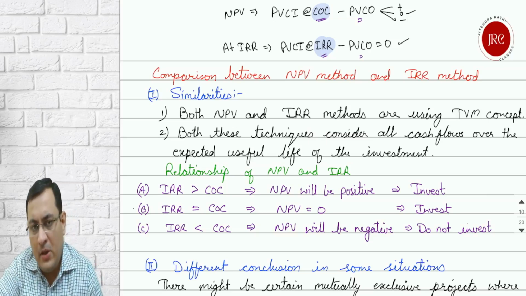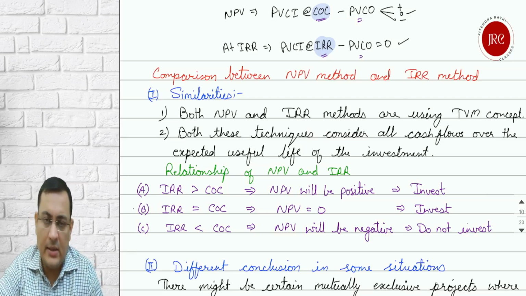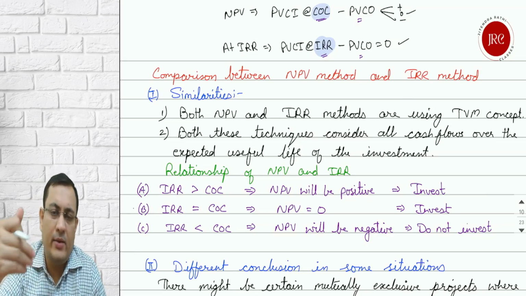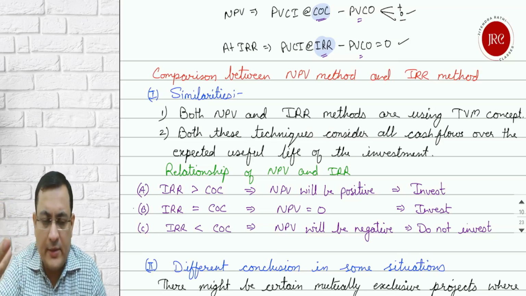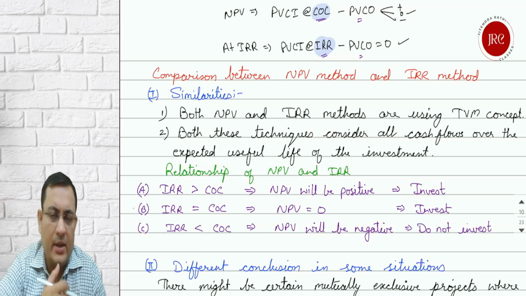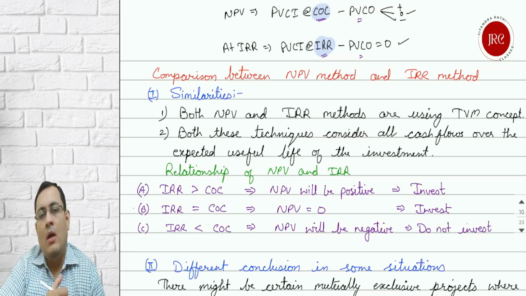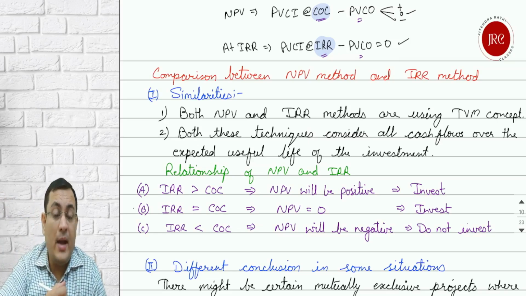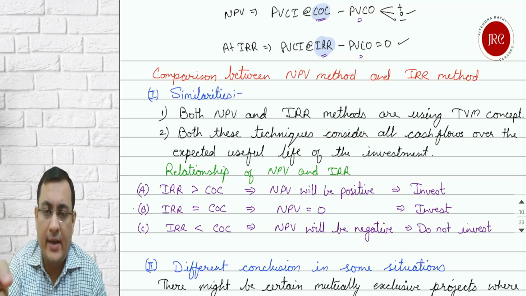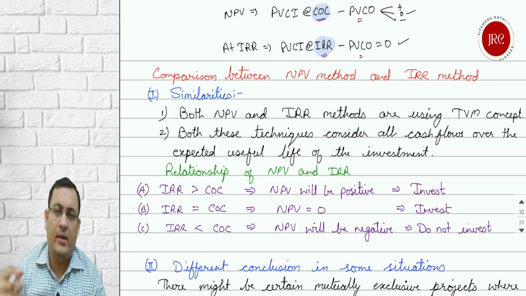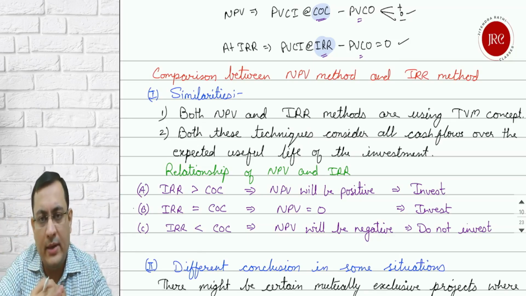In case of NPV working, the discounting is done by cost of capital or required rate of return, and this may give three results: positive, zero, or negative, depending on the value of COC. When the inflows are discounted by IRR, which is the implicit rate of return inbuilt in the cash flow the project is generating, you have extracted the return, and what is left is the principal invested in the business.